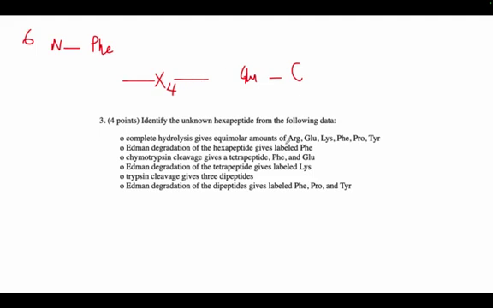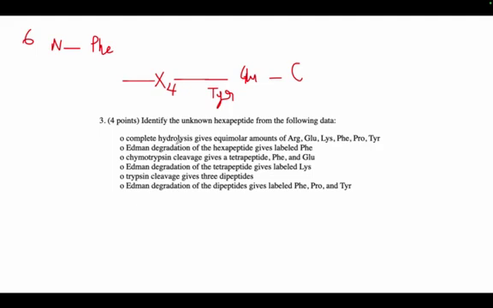Now, when we look at the composition of the hexapeptide, the only other site for chymotrypsin cleavage is the tyrosine. So the residue before glutamate must be tyrosine. Because only then will chymotrypsin cleave over here. Edman degradation of the tetrapeptide gives labeled lysine.